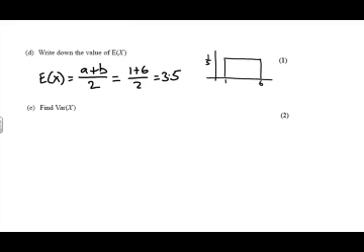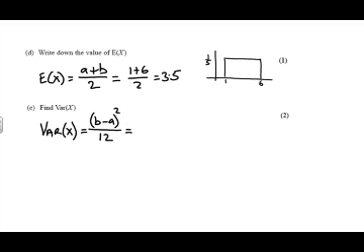Okay, the variance of x. The variance of x, once again, there's a formula for this when we're working with continuous uniform distributions. The variance of x is b minus a, so that's the width of the rectangle, the width of the distribution, squared, all divided by 12.